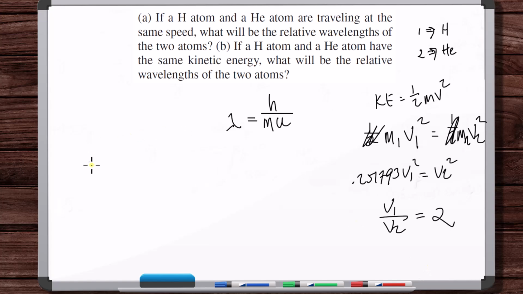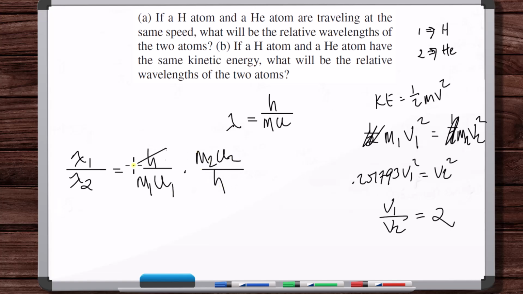Okay, so if we do lambda 1 divided by lambda 2, that's what we're looking for. Actually, let's do it the other way.